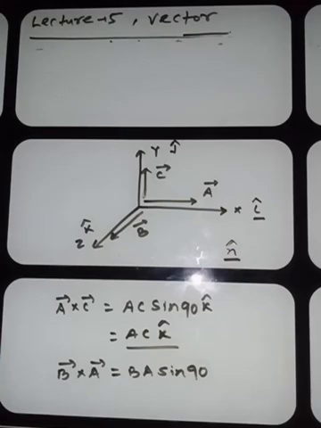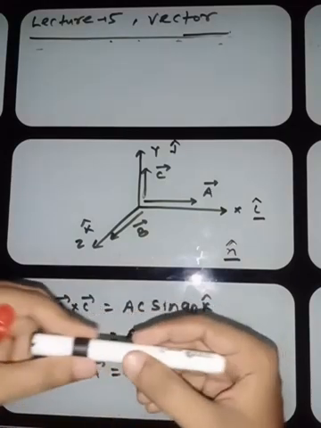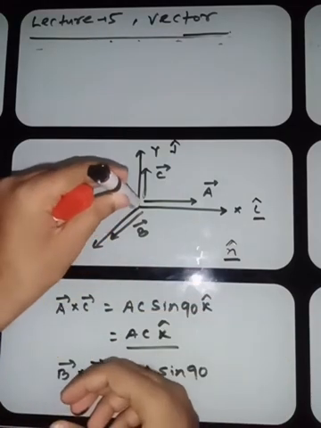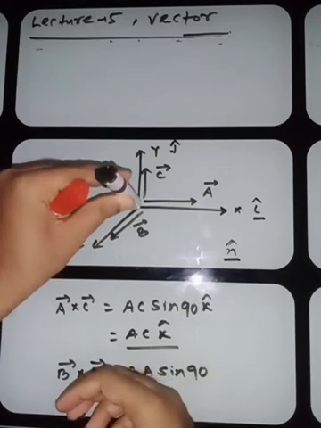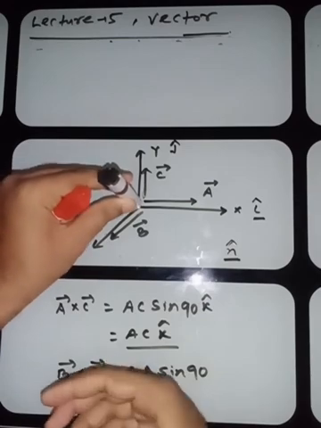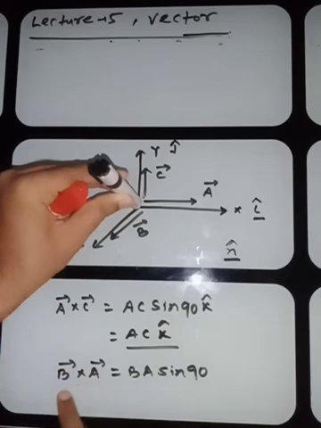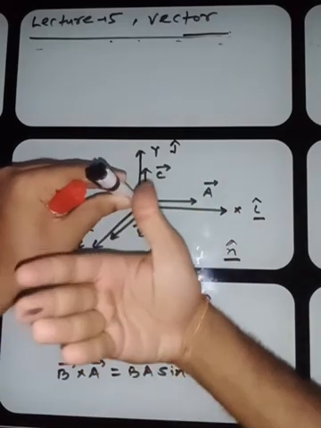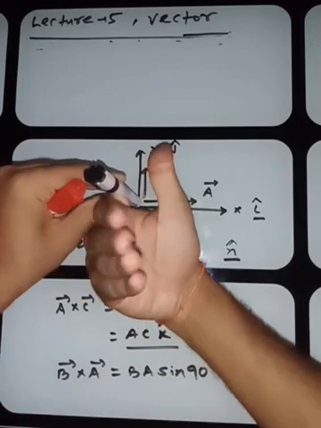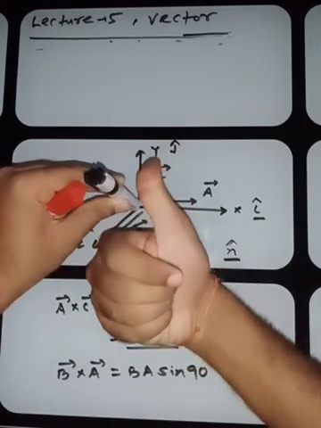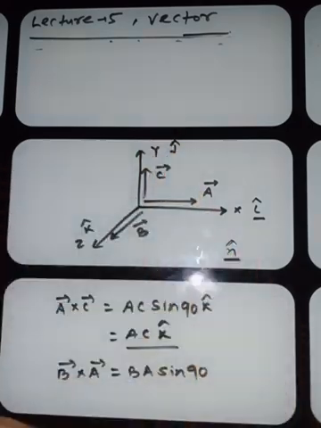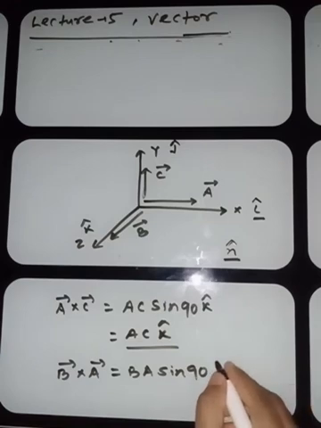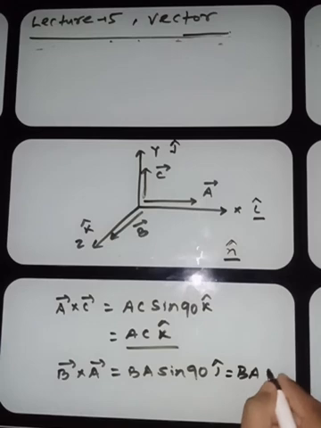Put the forefinger along B. Remember, B is perpendicular to A and C. So put your forefinger along B and go towards A. So this is the n cap, it means j cap, and this is the answer, BA j cap. I hope you understand, my dear students.